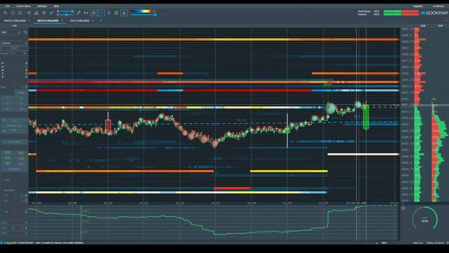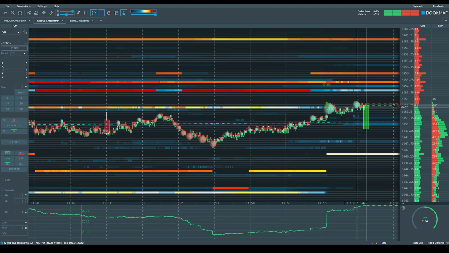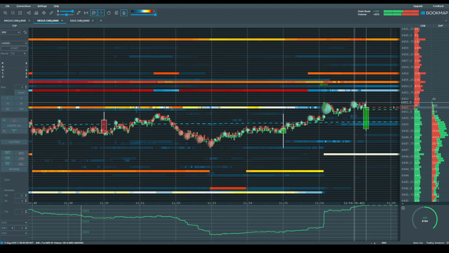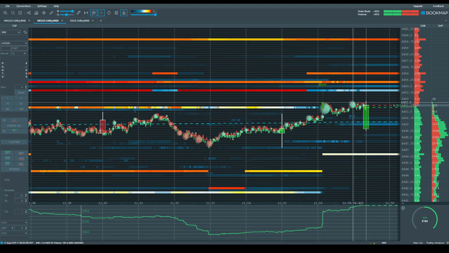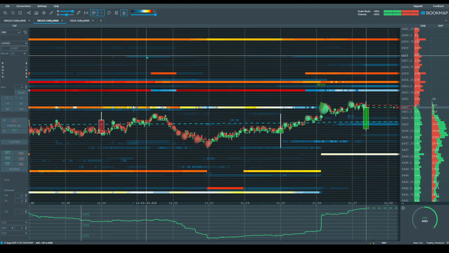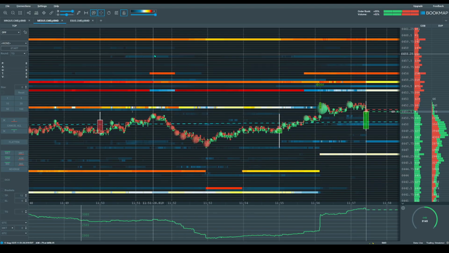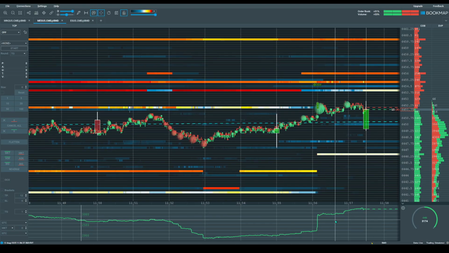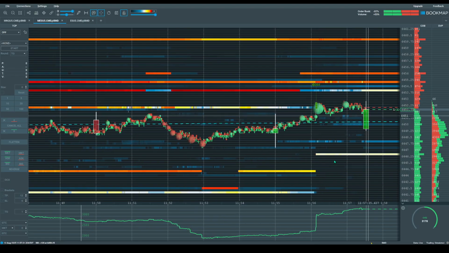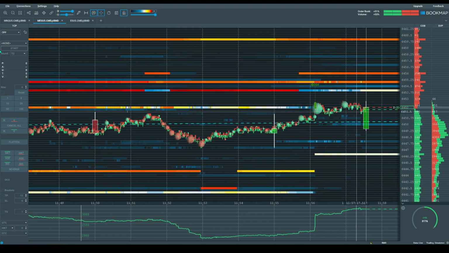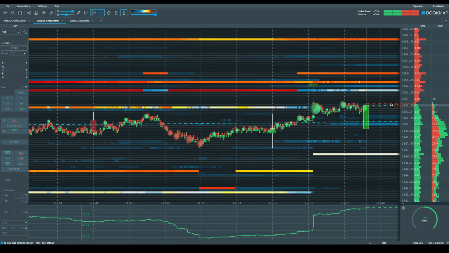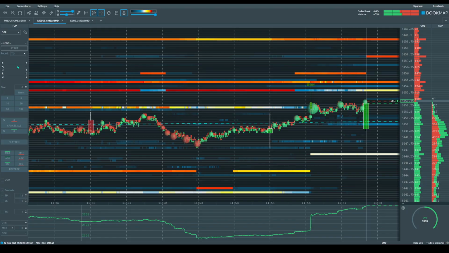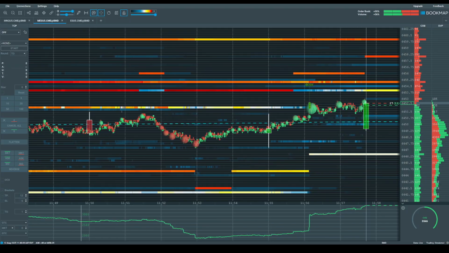762. A little more than 150. And CVD is starting to increase due to the aggressive buying. Still pushing the price up.